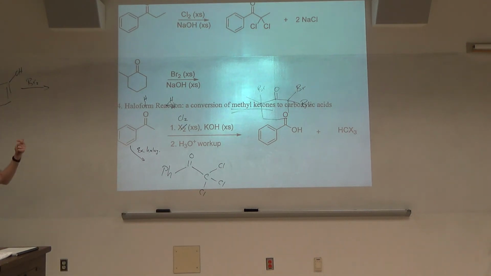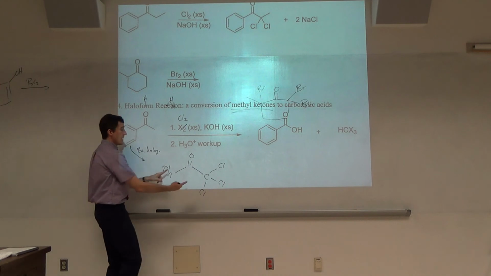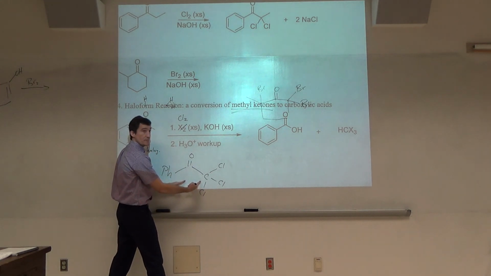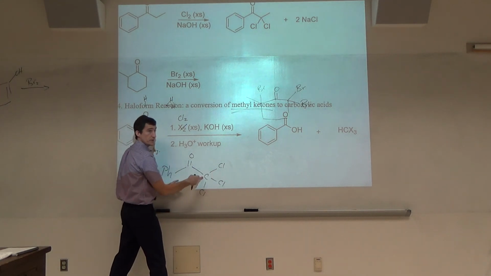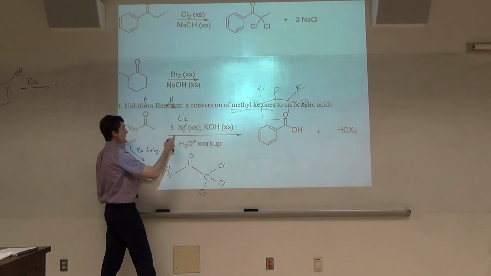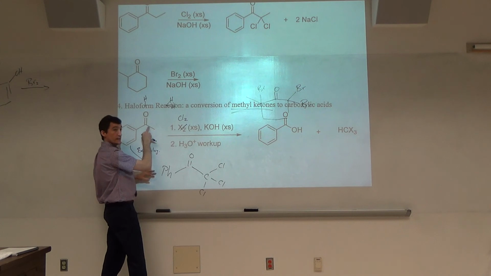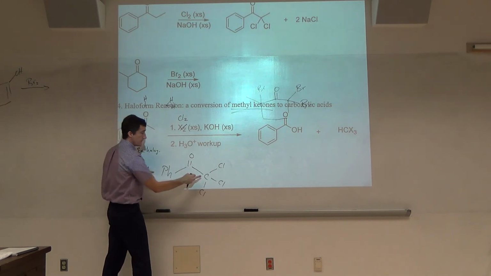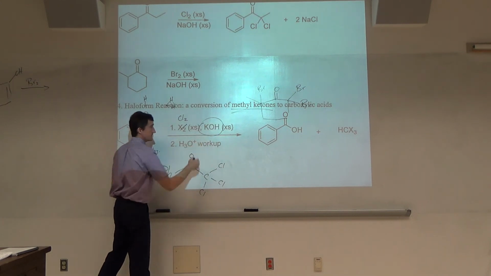That's just deprotonate, chlorinate, deprotonate, chlorinate, deprotonate, chlorinate. 3 times. Exhaustive. Problem is the reaction doesn't stop here when you have 3 halogens on your alpha carbon. You only get 3 halogens when you start with what? A methyl ketone. Because here, we also have excess hydroxide.